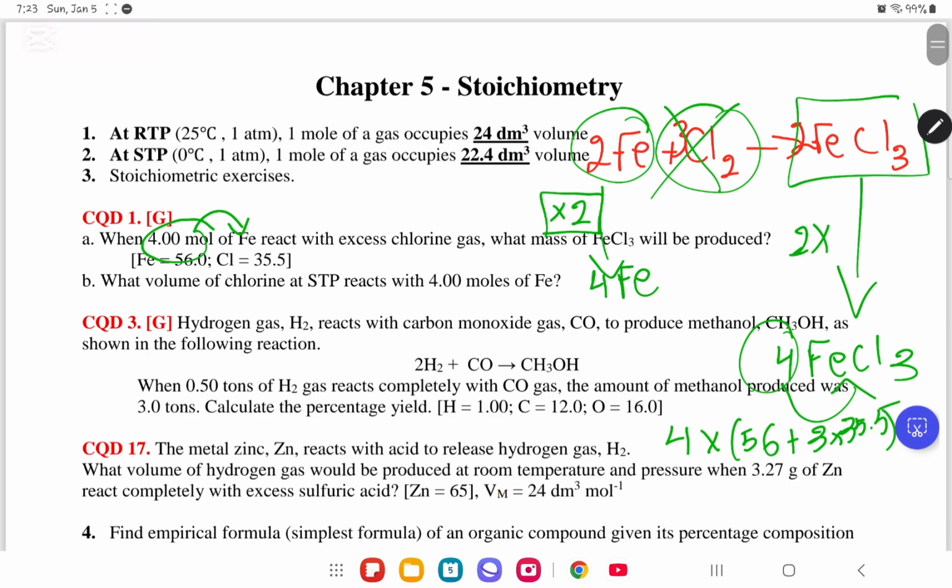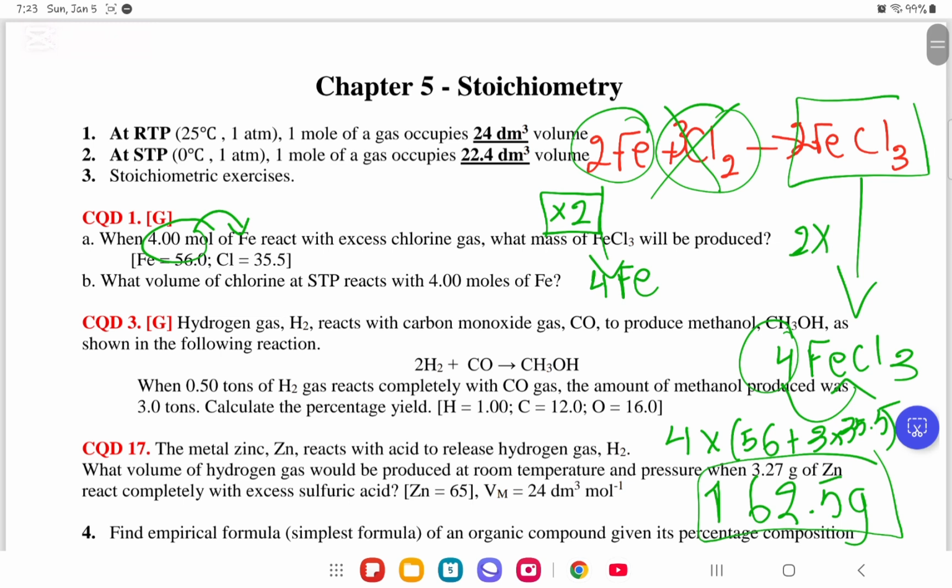So 56 plus 3 times 35.5, we are then going to get 162.5 grams. So for part A, we got 162.5 grams of FeCl3 produced.